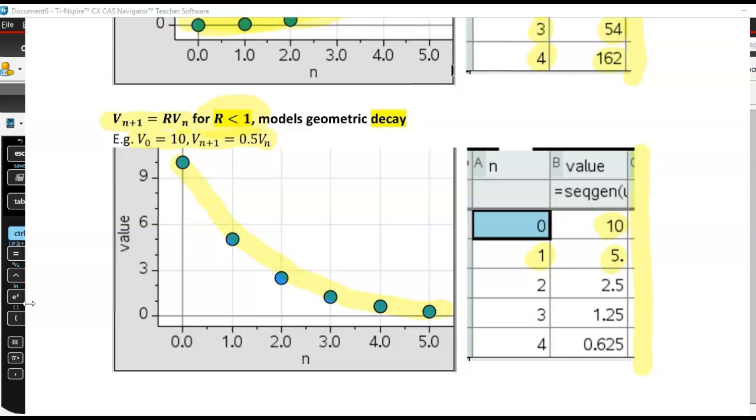That's 10 times by 0.5. When n is equal to 2, I've got the 5 times by 0.5, so that's 2.5. 2.5 times by 0.5 is 1.25, and so on and so forth.